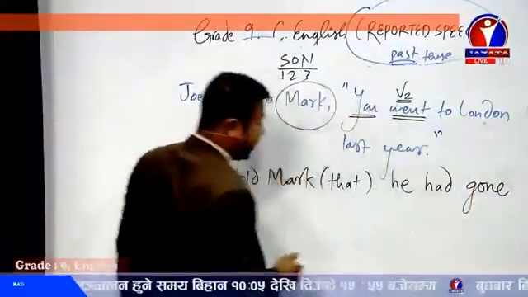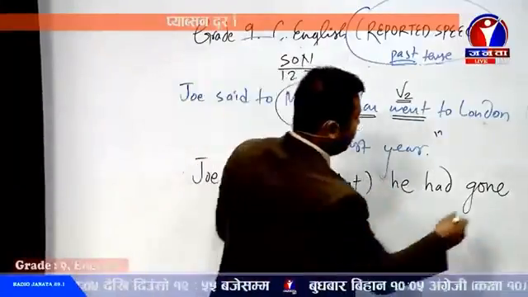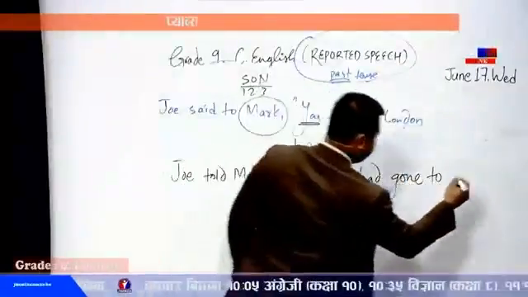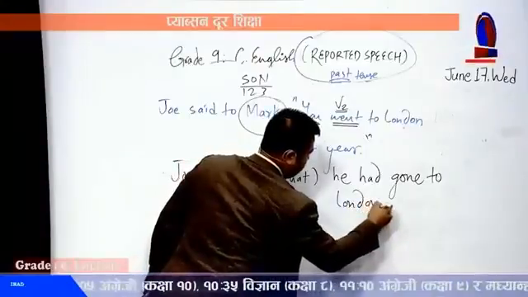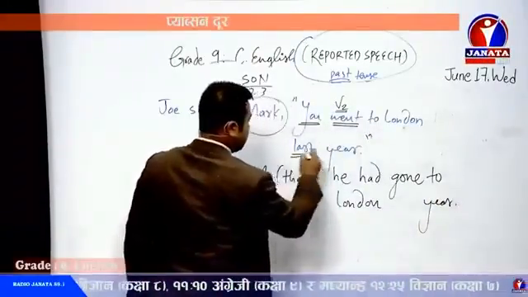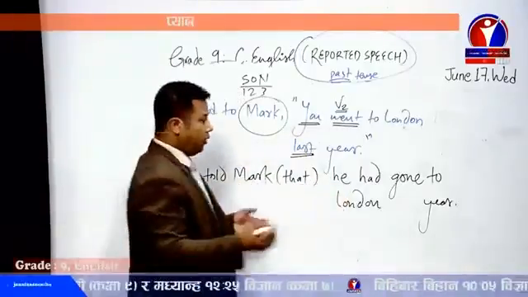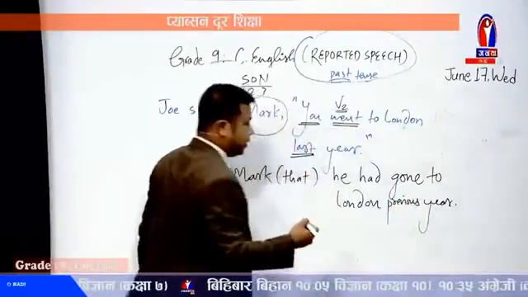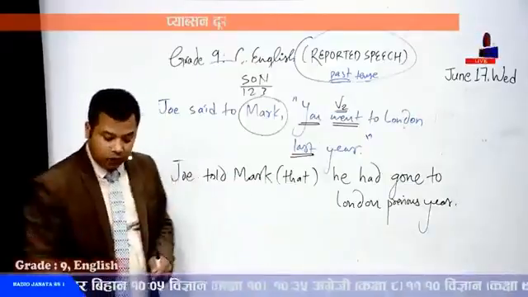And your answer would become now, Joe told Mark that he had gone to London. But what do you need to do with last? Can you write, he had gone to London last year, or you prefer to write a little change on that, previous year. He had gone to London previous year. So that is how we solve.